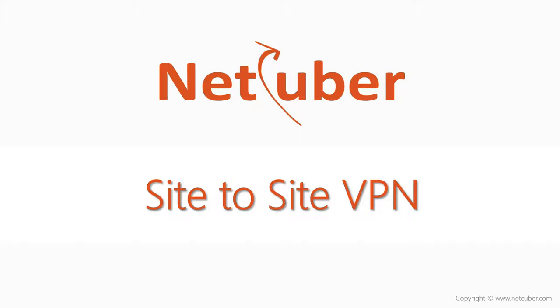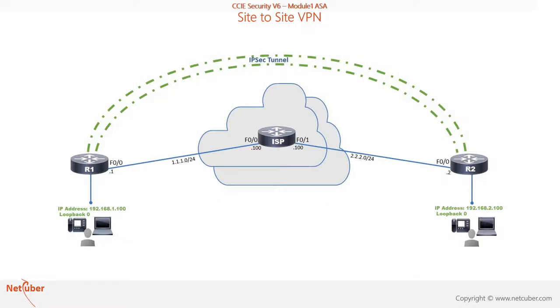In this session, we are going to discuss site-to-site VPN. Here is our VPN topology with R1 and R2, and we have an ISP router which is connected to provide reachability from R1's loopback to R2's loopback and vice versa.